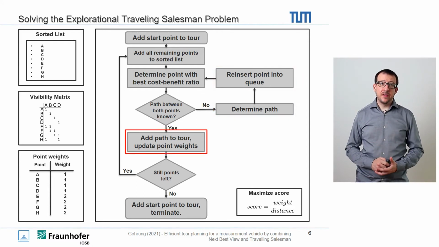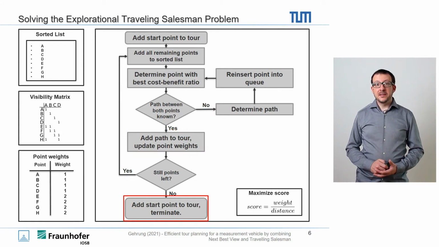If the path is known, that means that it is the point with the best score, it is added to the tour. Also, the weight vector is updated. More about that in the next slide. This process is repeated until there are no points left. If this is the case, the start point is added again to the tour and the algorithm terminates.